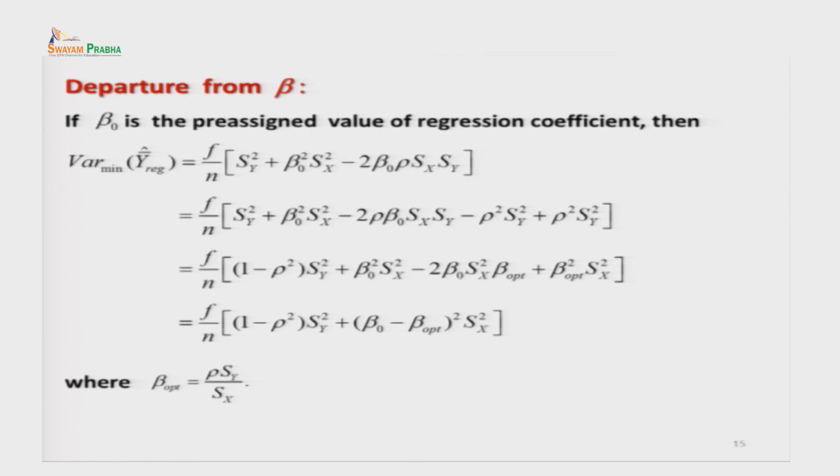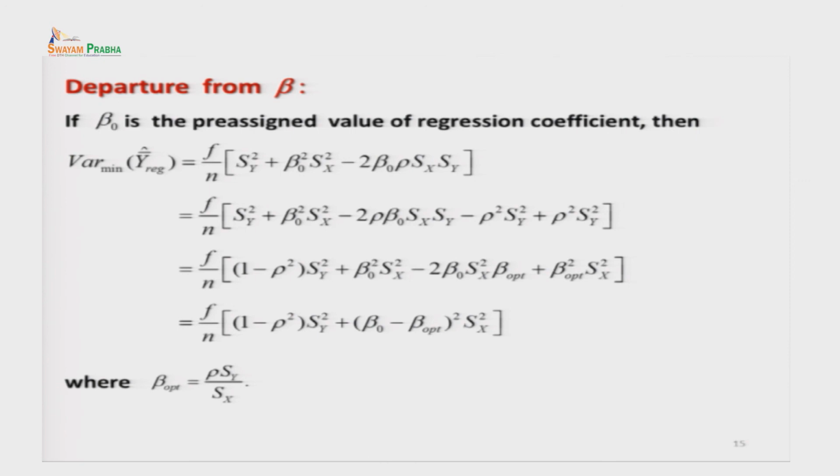Right. So, under this type of situation, the question is what will be the change in the minimum variance of the regression estimator when there is a departure from the value of beta, that is, from beta optimum, you are trying to choose something else.